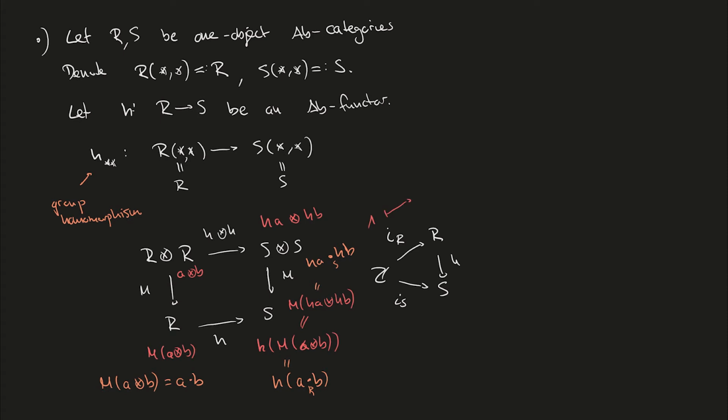So 1 in the integers was mapped to the multiplicative unit 1_R, and similarly 1 in the integers is mapped to the multiplicative identity in the ring S.